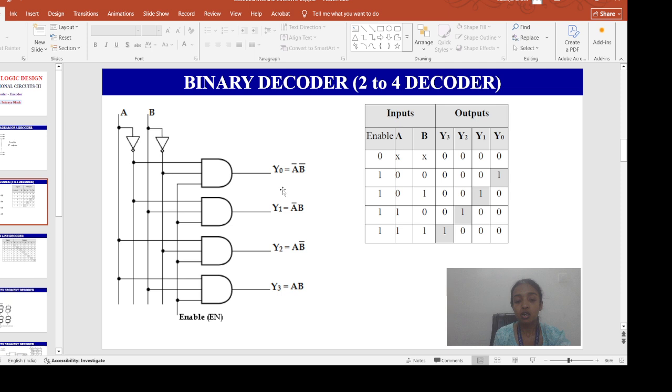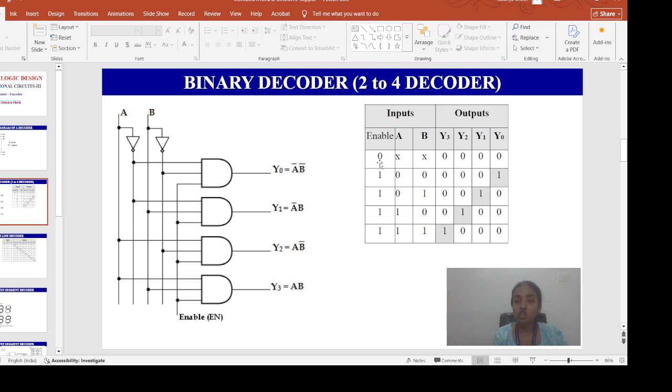This is the 2 to 4 line decoder. How are we forming it? With two inputs, a 2 to 4 line decoder has 2 inputs and 4 outputs. With 2 inputs we can have 4 combinations.